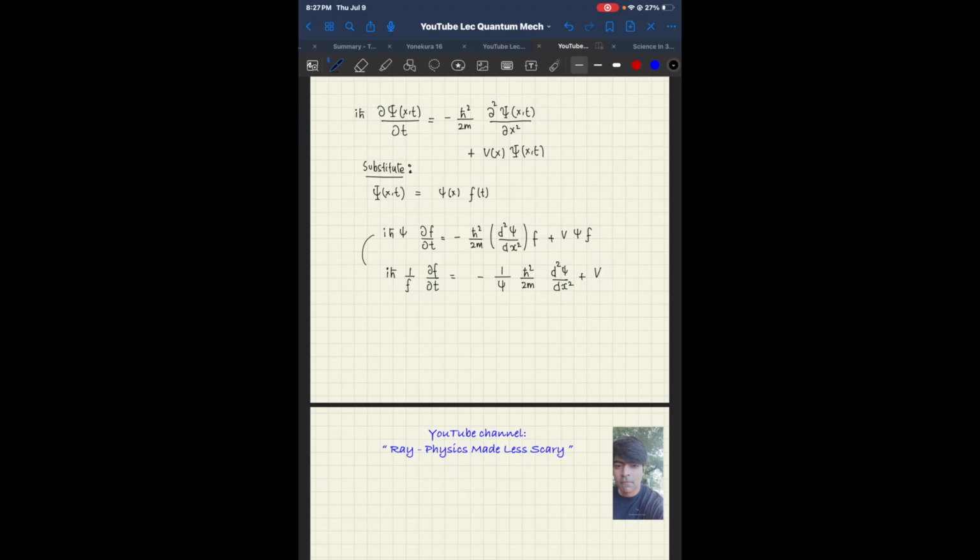So in going from here to here, I'm dividing by small psi times f. You get this, right? And you see, this is why this is so useful. This left-hand side is just a function of time, and this right-hand side is a function of x.